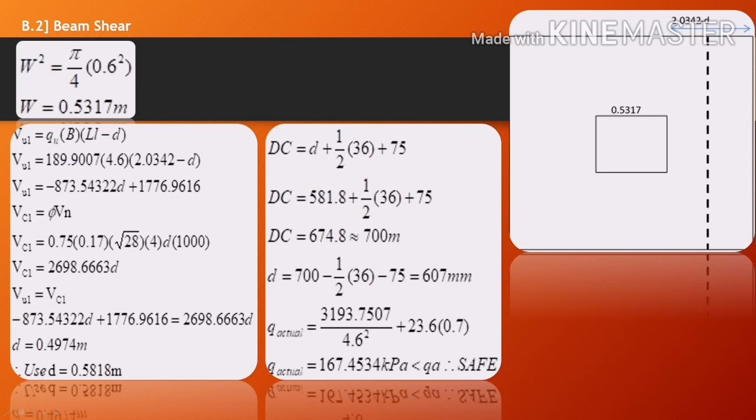So, Q is equal to 3,193.7507 all over 4.6 squared plus 23.6 times 0.7. So, it is equal to 167.4534 kPa. So, it is less than QA, so therefore it is safe.